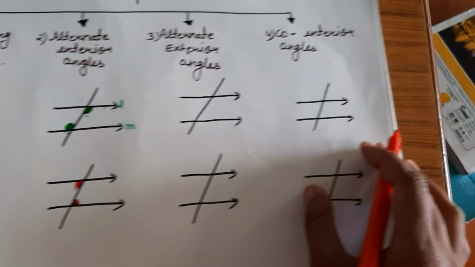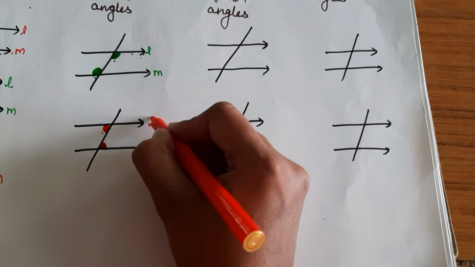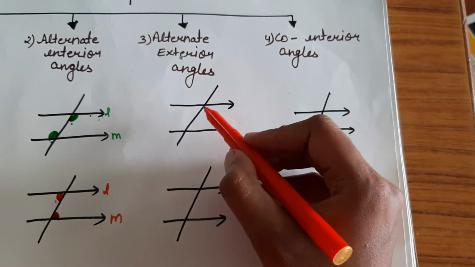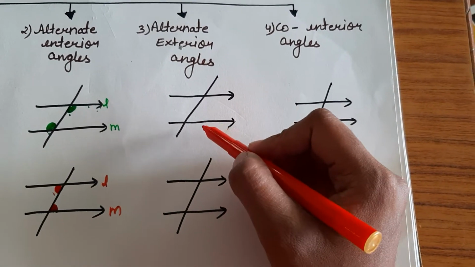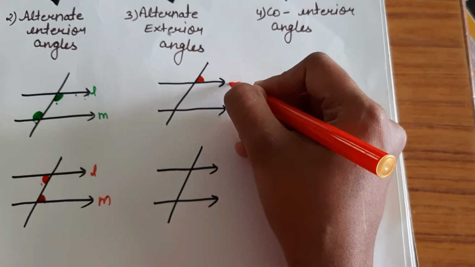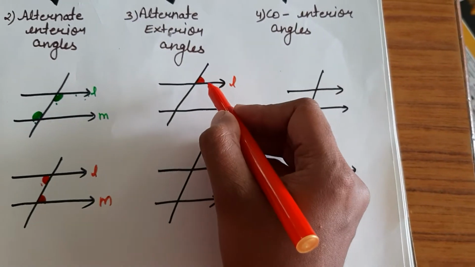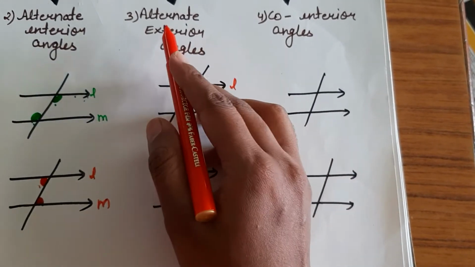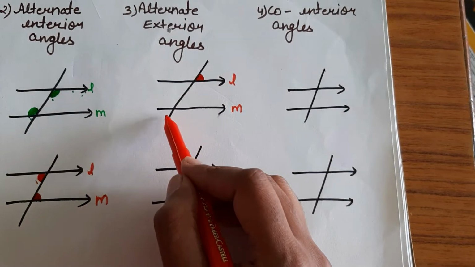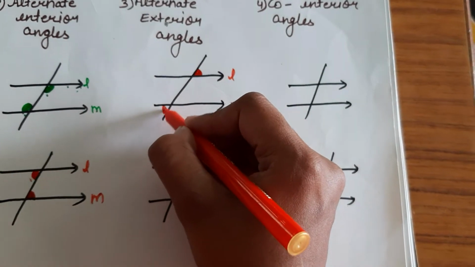Okay. Now what about exterior angle? Suppose L and M lines. What about alternate exterior angle? Outside we are taking the lines. Suppose if I am taking here 1, this is the N and this is the M. Then outside if I am taking, alternate means opposite. So outside means this is the transversal line and opposite where I draw here.